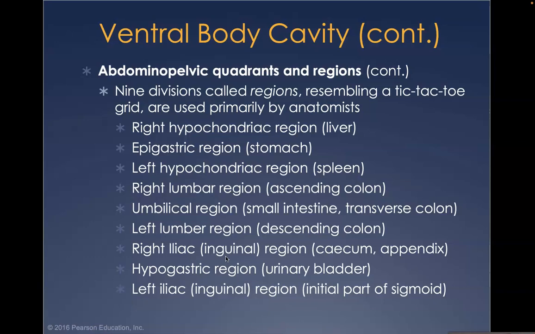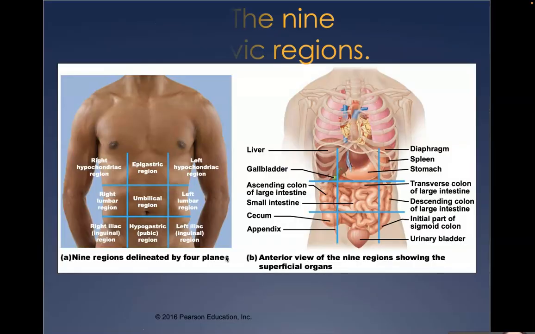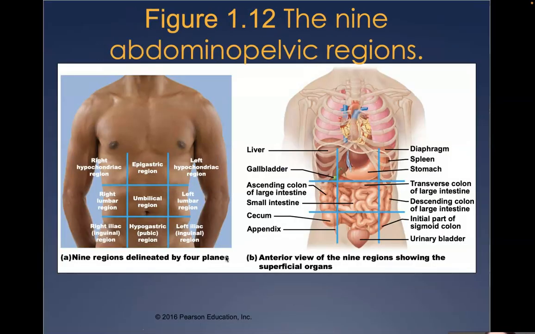You can break up the abdominopelvic quadrants into these 9 different regions. You do not need to know this for me, but just in case maybe they use them in your hospital, maybe they don't, you can refer to these different regions. It is a little bit more detailed, but I just haven't really heard them used.